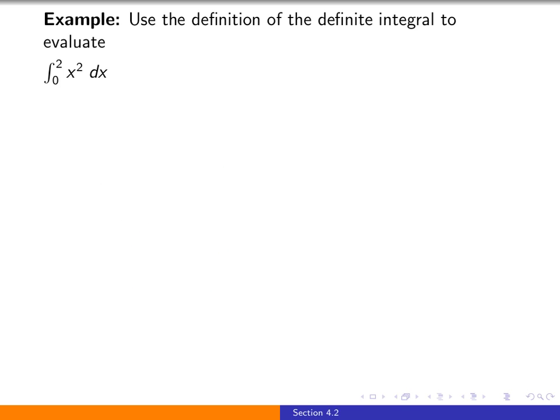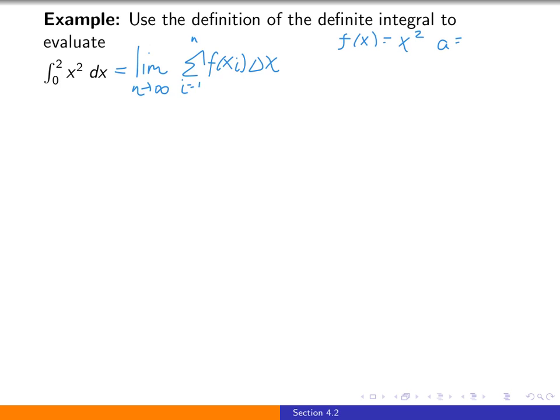So the value of this definite integral is going to be, just writing down the definition from the previous slides, the limit as n goes to infinity, the sum from i equals 1 to n, f of x sub i delta x. So in this case, let's go ahead and identify what each of these quantities is going to be. Our function f of x is x squared.